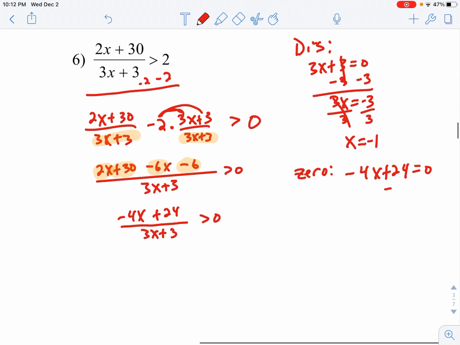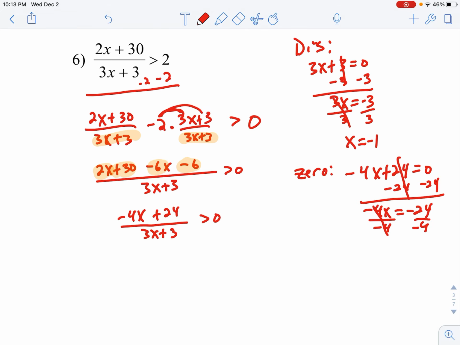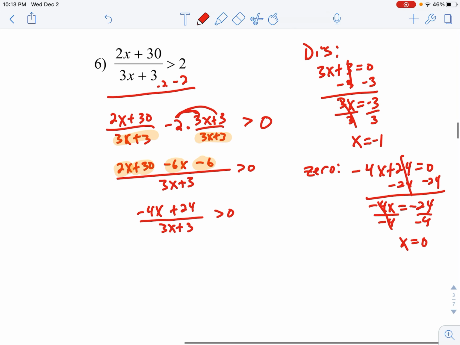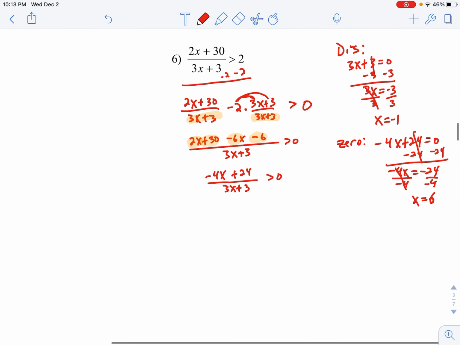For this one, not so bad, minus 24. Negative 4x equals negative 24. Divide by negative 4. x equals 6. 6, not 0, 6. So there are my critical numbers, negative 1 and 6.